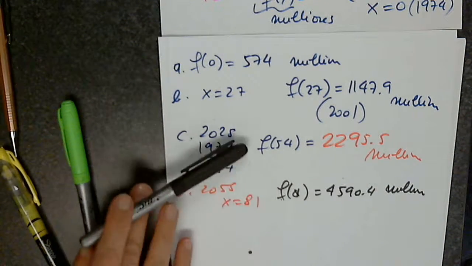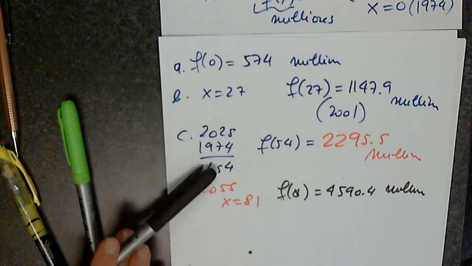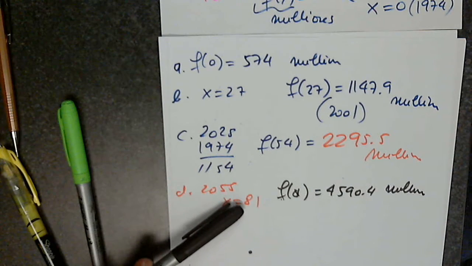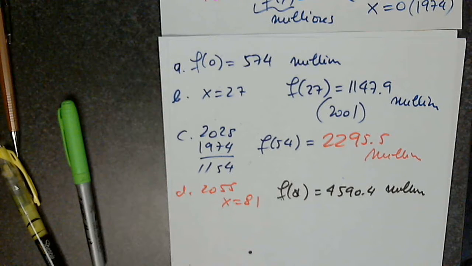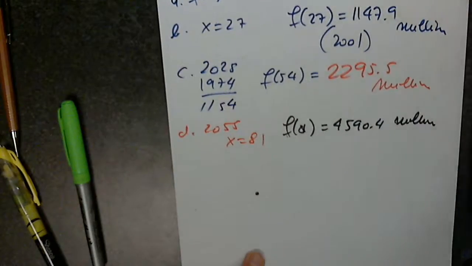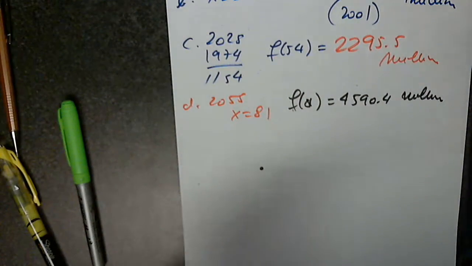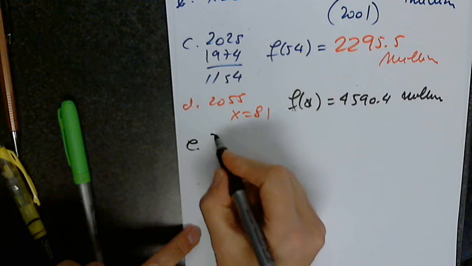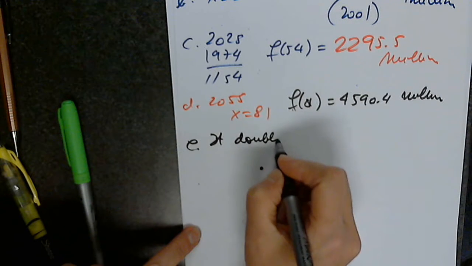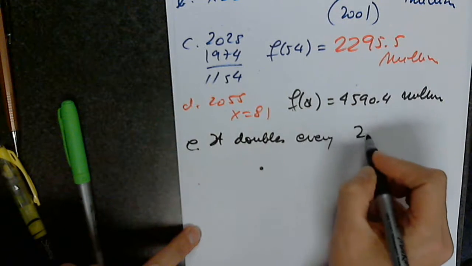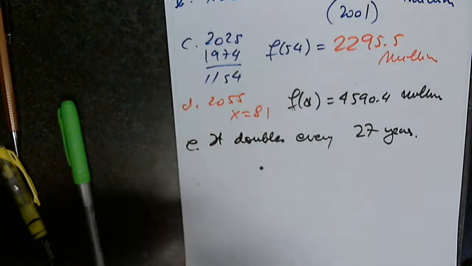So every 27 years, in 27 and 54 and then 81, according to the model, what appears to be happening to the population of India? It appears to be doubling. It doubles every 27 years.